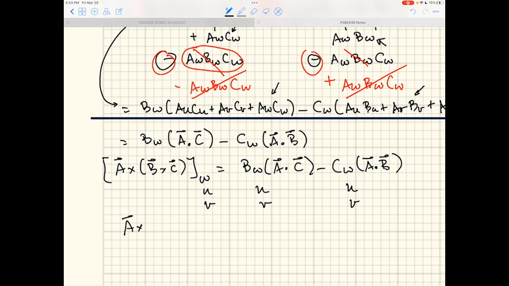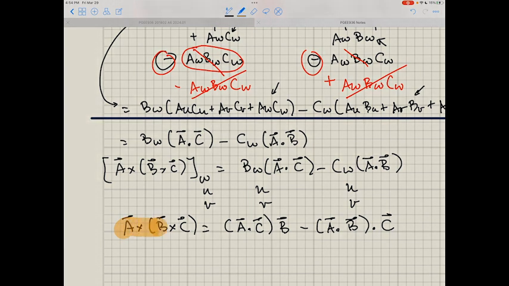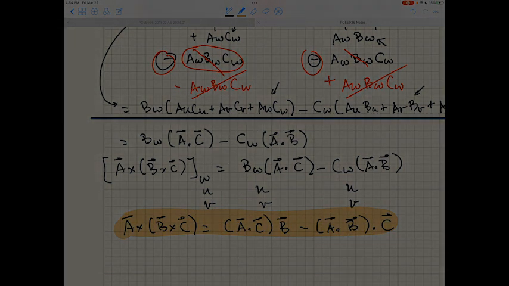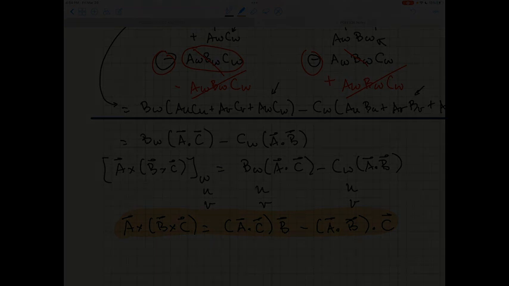A cross B cross C equals ACB minus ABC, AB dot C. Okay, so that's our final expression as we wanted to demonstrate the distribution property of the triple vector product.